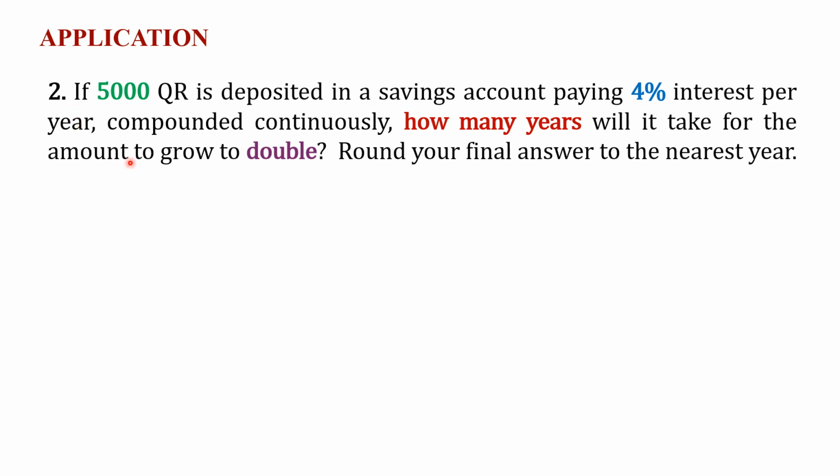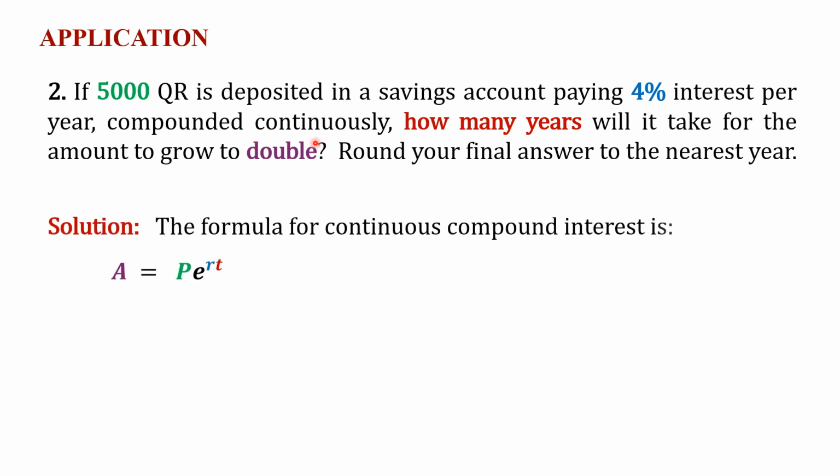And then for question number 2, since this problem is about continuously compounded interest again, we're going to use the same formula. And as you can see here, I already put colors according to this formula. So this 5,000 is the principal amount. This 4% here is the interest rate.